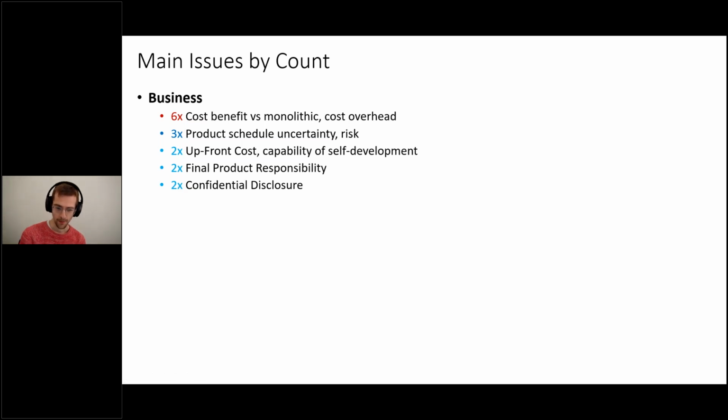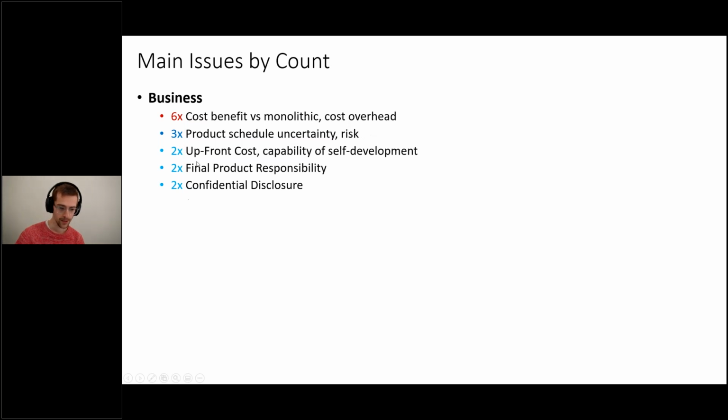So for business issues, the biggest one that came up with 6 counts is something around the cost benefit of chiplets versus monolithic, as well as the cost overhead of having chiplets, which is, I guess, maybe two sides to the same medal. Then the second item was production schedule uncertainty or risk associated with chiplet design or chiplet architecture.